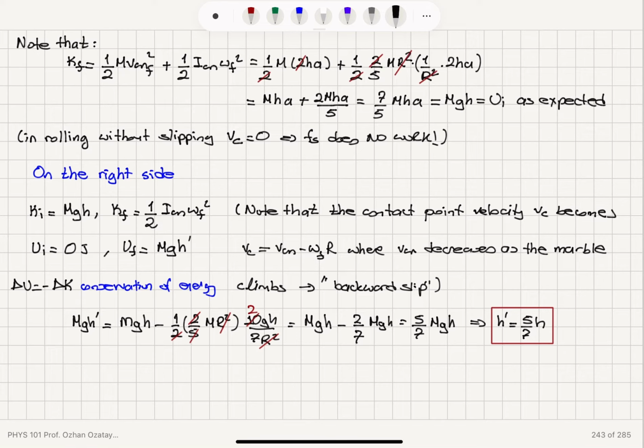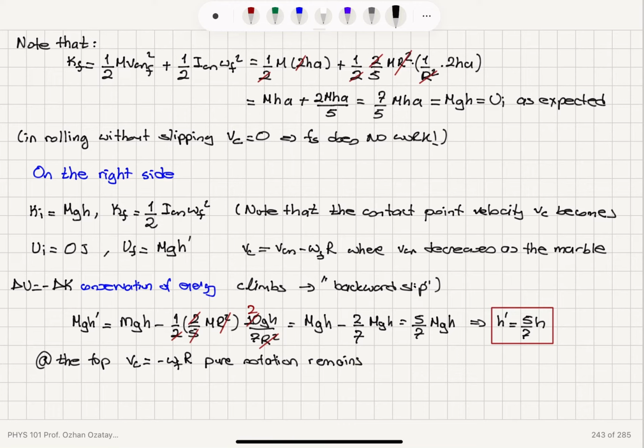When we reach this 5/7 h, the velocity of the contact point will become minus omega final times r, and it's going to be a pure rotation. There won't be any translation of the center of mass.